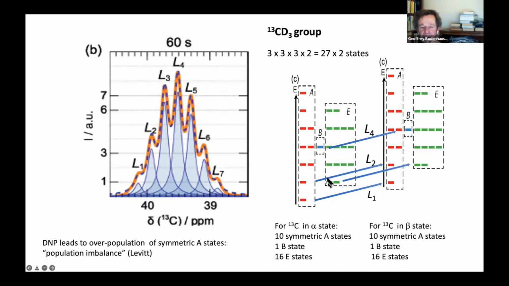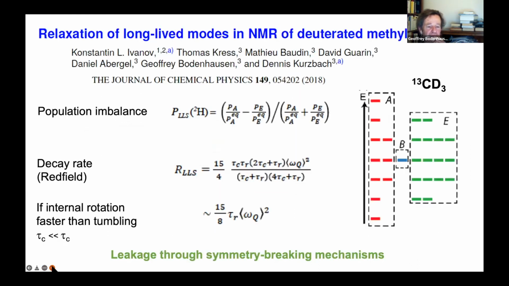These two blue transitions are essentially superimposed, and they contribute to the L2 line, etc. The point now is that we can overpopulate these red states because at very low spin temperatures, ideally if you go to 0 Kelvin, only this bottom state will be populated and everything else will depopulate. So that's the idea of using DNP to create a population imbalance. Now you can use all these amplitudes to back calculate the populations, one of the contributions of Ivanov.